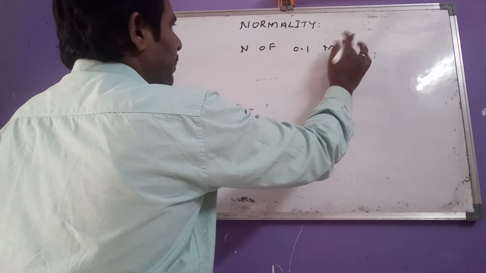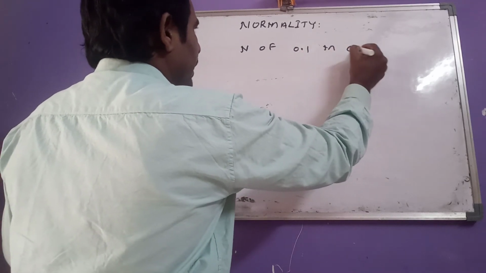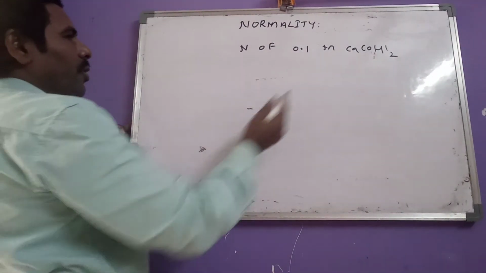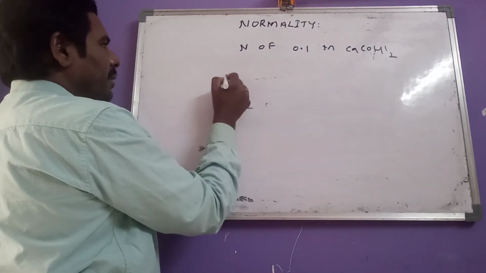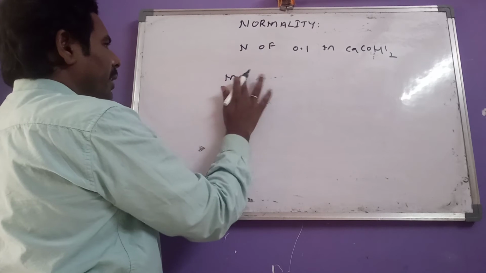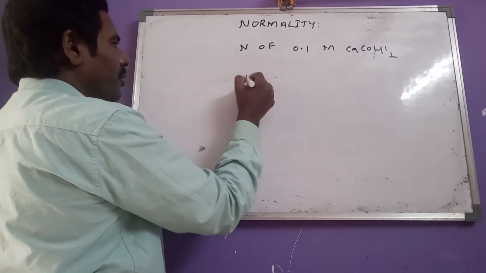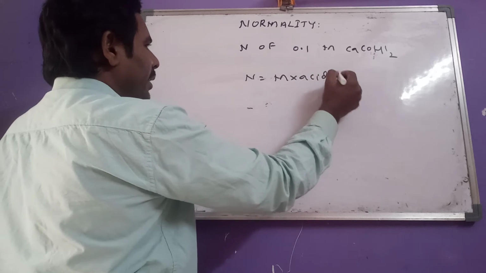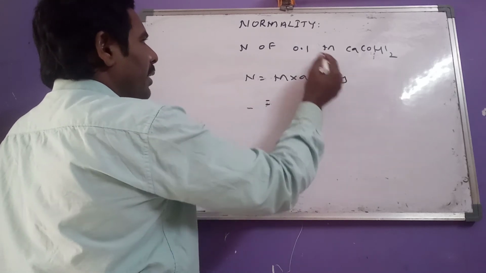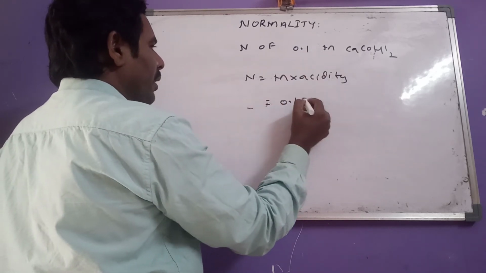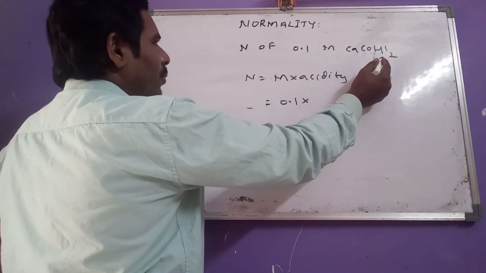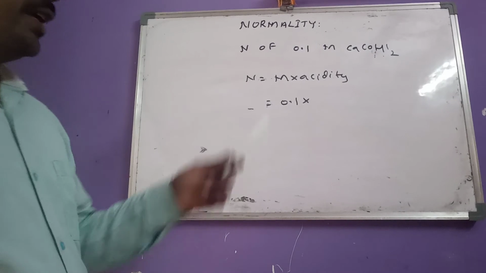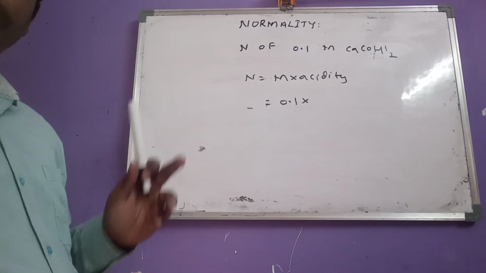Then another one, what is the normality of 0.1 M Ca(OH)2? As it is a base, normality equals molarity into acidity. Molarity given is 0.1, and as two OH groups are present in that molecule, its acidity should be taken as 2.